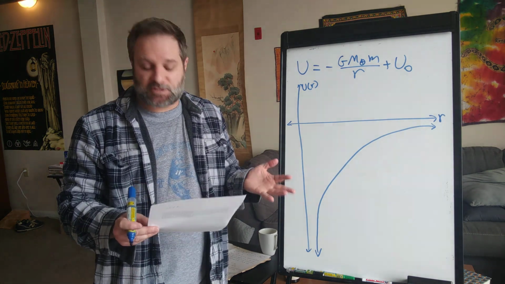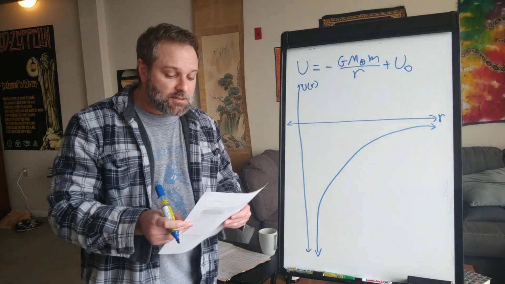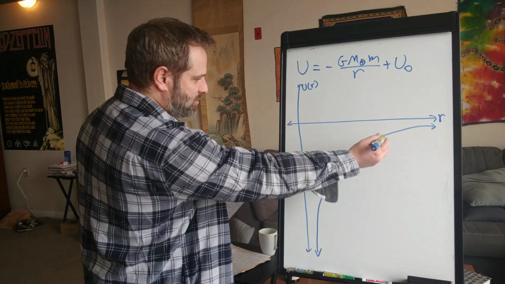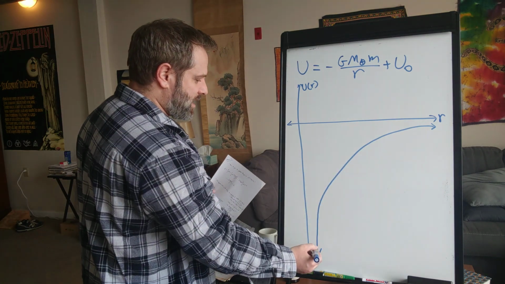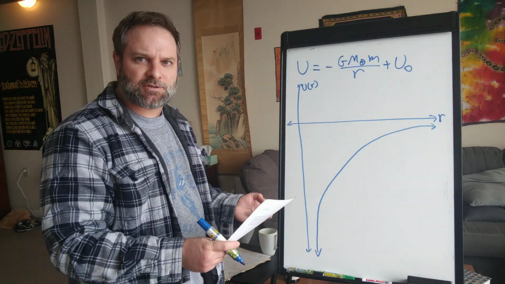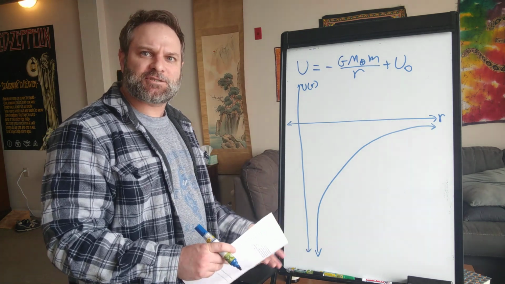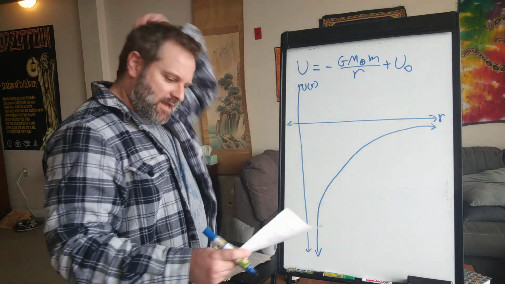This seems to make no sense because if we follow this curve, this is the potential energy curve. As two objects get closer, they get negative infinity potential energy. What could that mean?